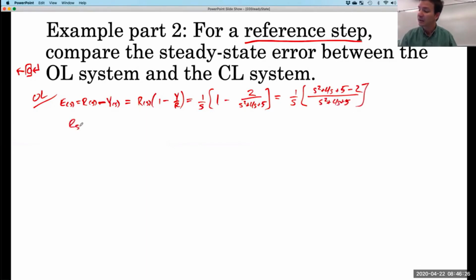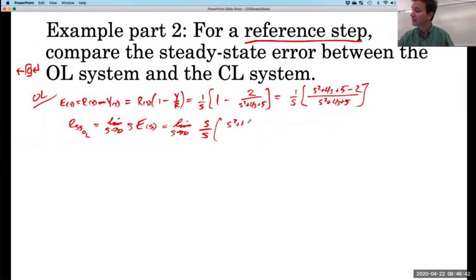Then the error steady state open loop is going to be the limit as s goes to 0 of s times that error signal. So the s and the step s will cancel. And then I'm going to let all the other s's go to 0. So I end up with the answer 3/5.